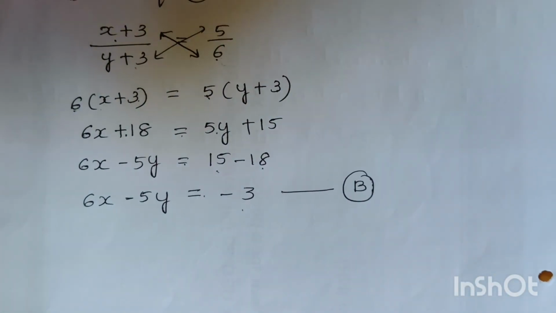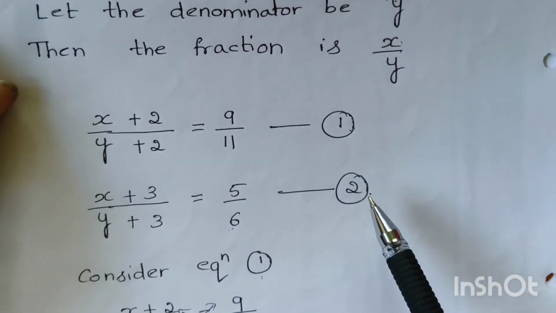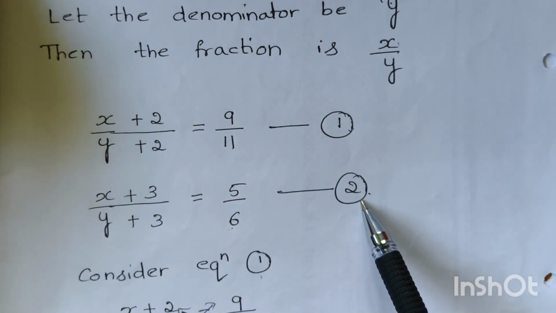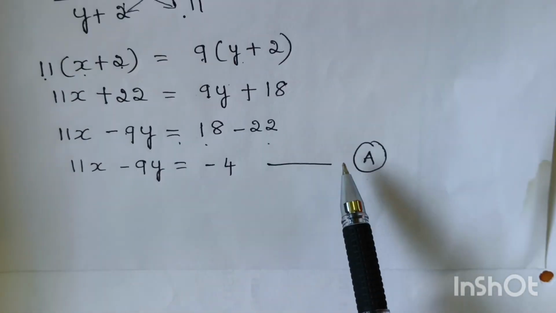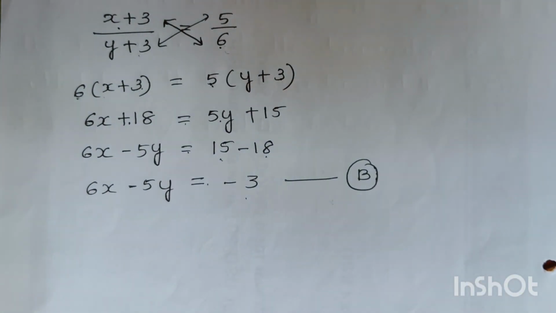Now we have to forget about these two equations, that is equation 1 and 2. Just take the simplified equations of 1 and 2, that is A and B. First let me write.